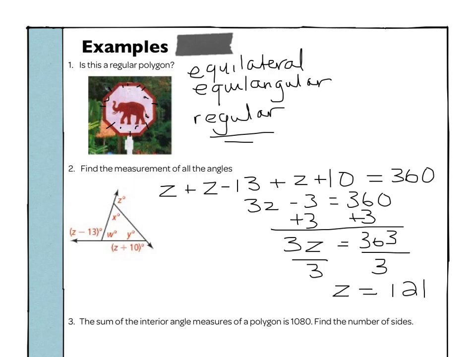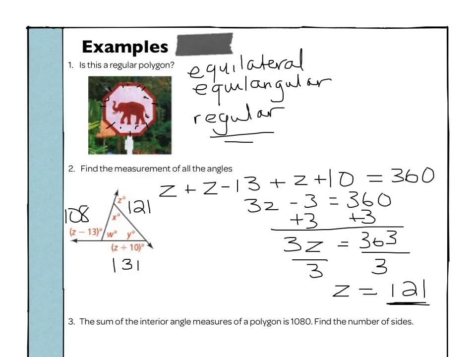So now Z is going to be 121. Z plus 10 is going to be 131. And Z minus 13 is going to be 121 minus 13, which is 108. Now that we found those measurements, it should be easier to find the inside angles, X, W, and Y. X should be 180 minus 121, which is 79.